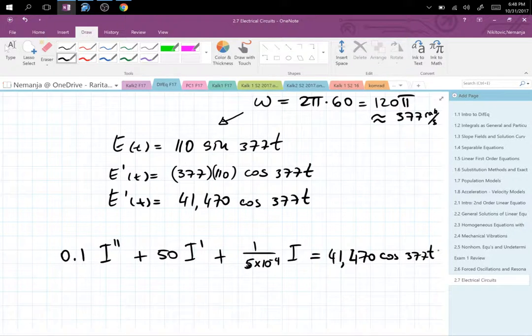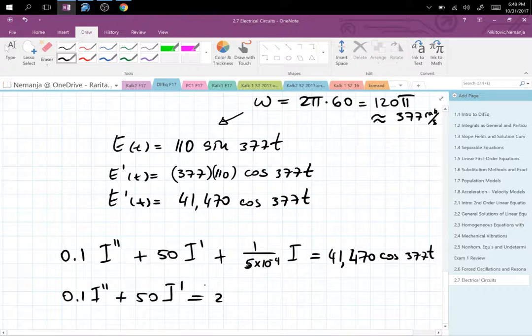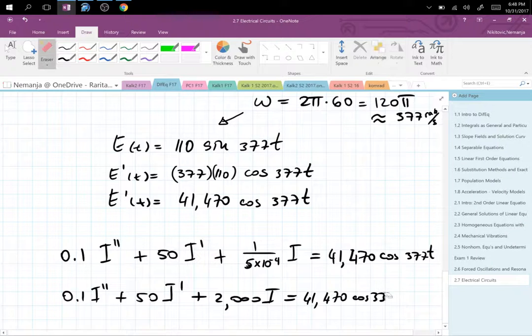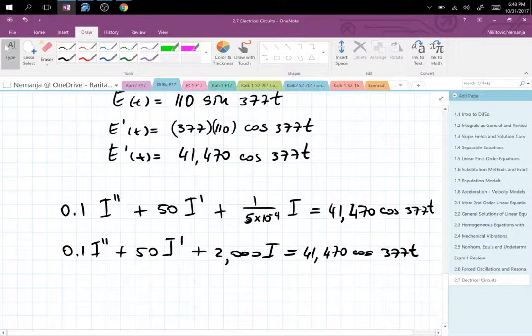So we have 0.1 I double prime plus 50 I prime plus 2000 I equals 41,470 cosine 377t.